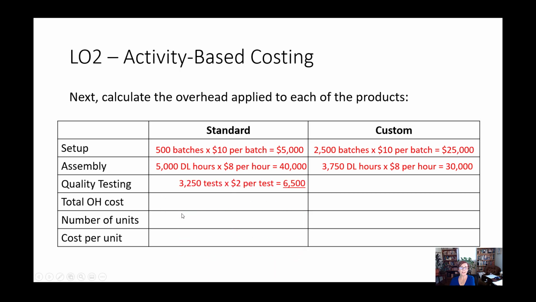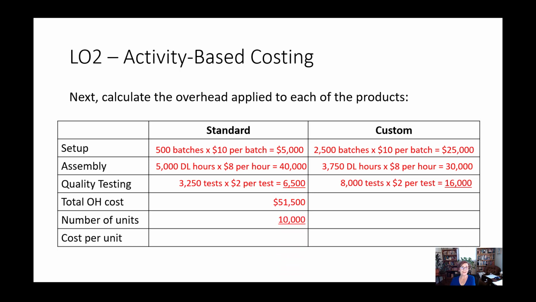Now for quality testing, we had 3,250 tests for standard at $2 a test. That gives us $6,500. And our custom was 8,000 tests at $2 per test, which gives us $16,000. Now we're going to add up all of our costs, and we get total overhead for standard of $51,500.